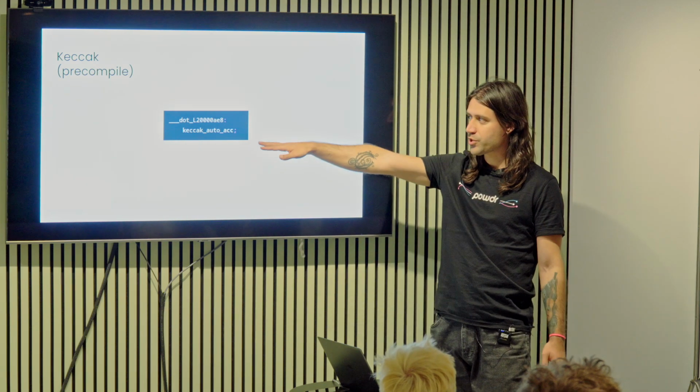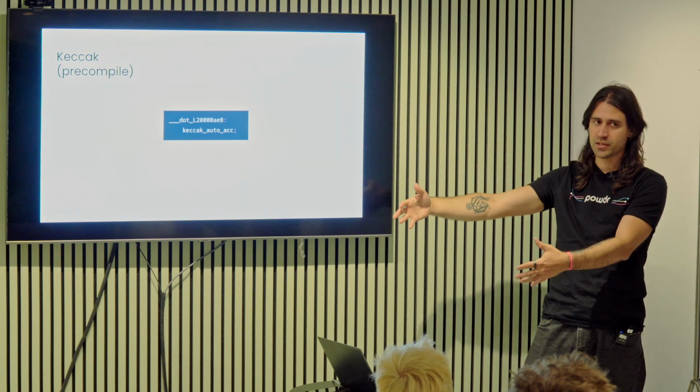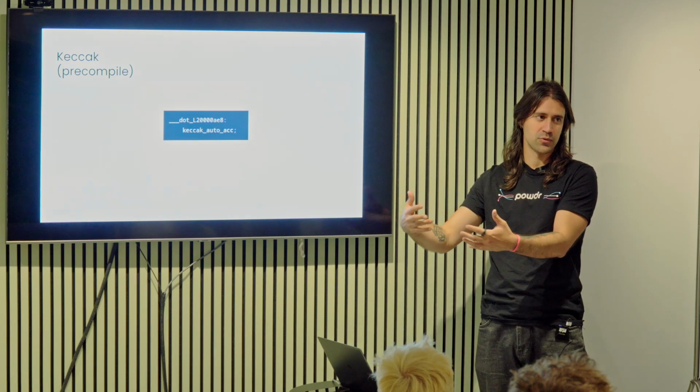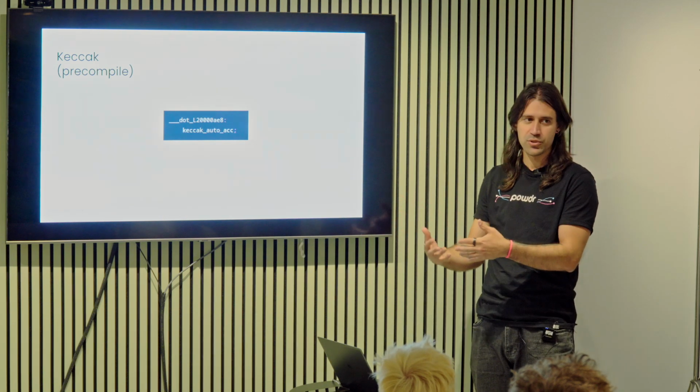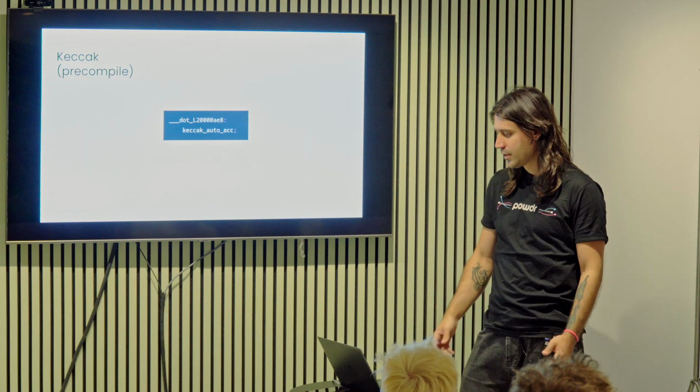And what this instruction is going to do is use this newly constructed chip or circuit, AIR, whatever you want to call it, that knows how to compute Keccak without using any of the XOR and add instructions that are generic to the VM.